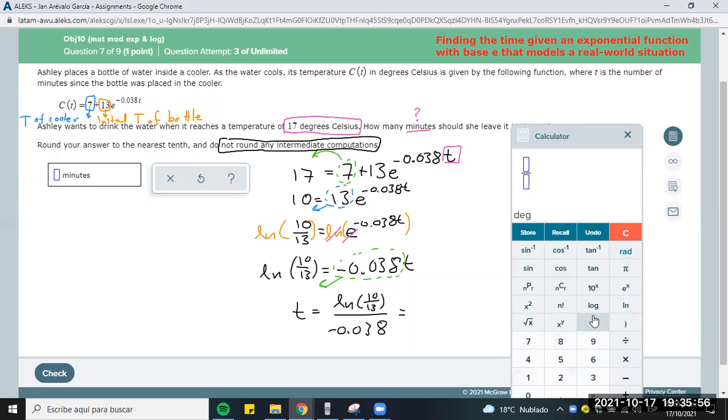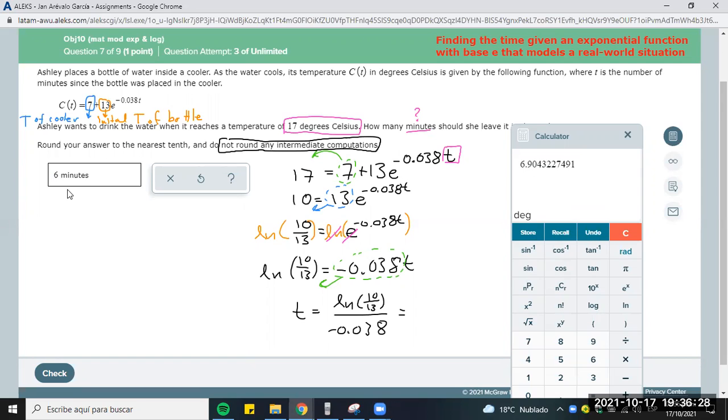This is going to be the natural logarithm of 10 divided by 13, all of that divided by minus 0.038. And that is what that is equal to. Rounded to the nearest tenth, that is just going to be 6.9, right?